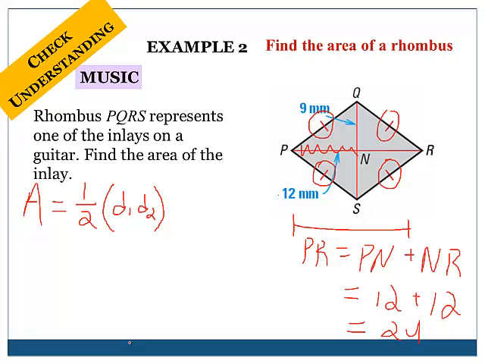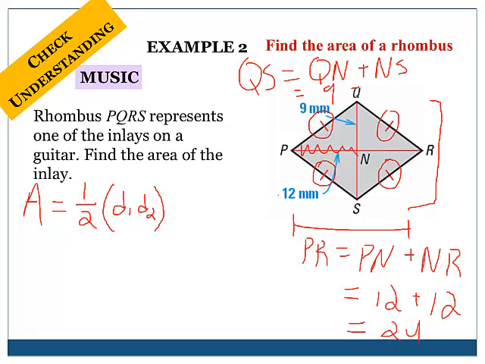Since we found diagonal 1, we need to now find diagonal 2, which will be this entire length QS. QS is equal to QN plus NS. And we know that QN is equal to 9. And because we're dealing with a rhombus, NS is also equal to 9, which will give us a total length of 18.